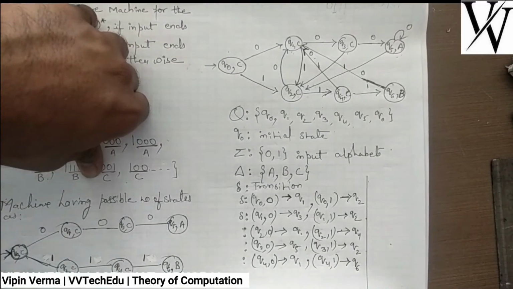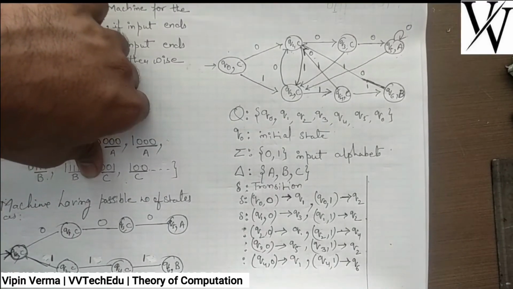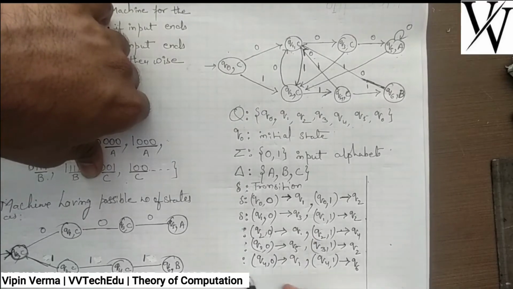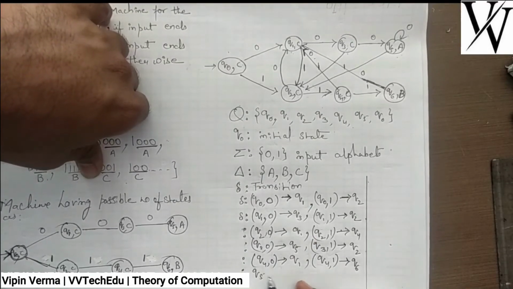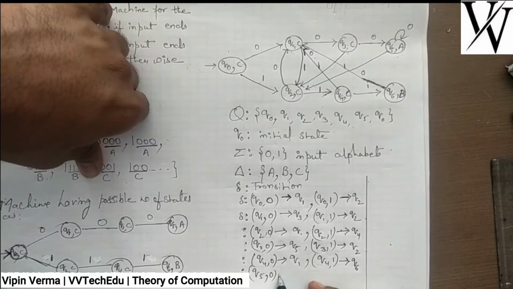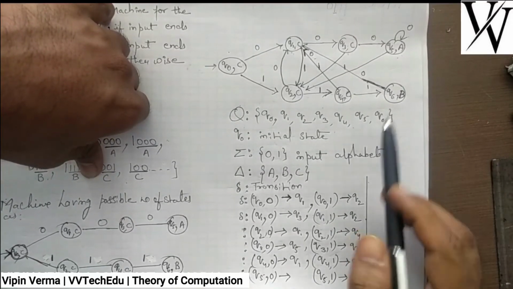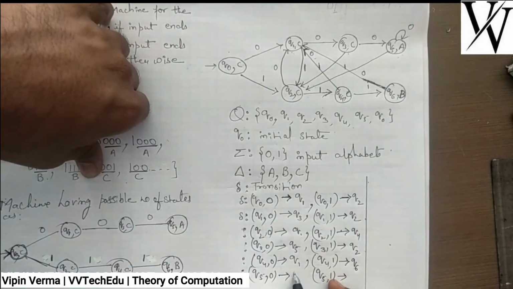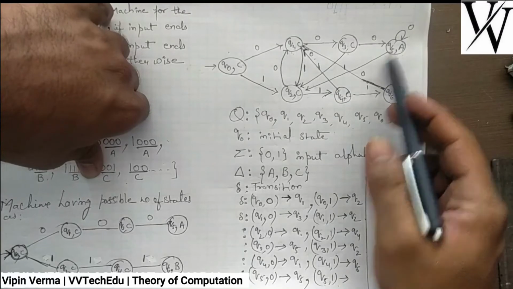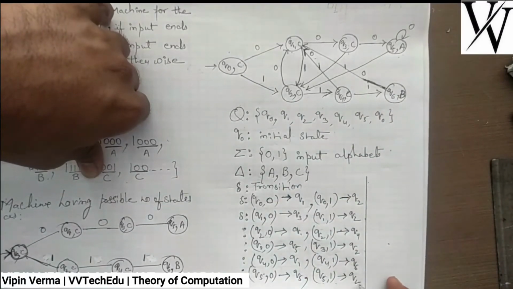Okay. Now then next is Q5 with 0 and Q5 with 1. Q5 with 0, Q5 itself, and Q5 with 1, it is Q2.